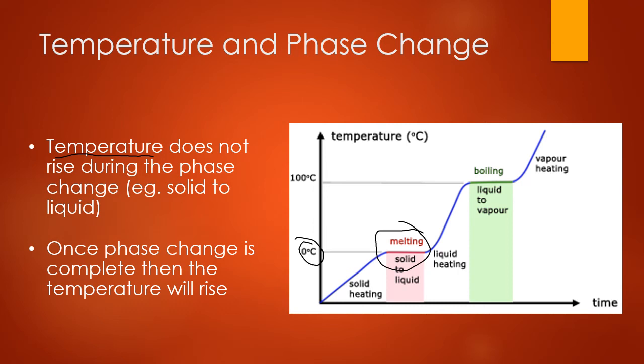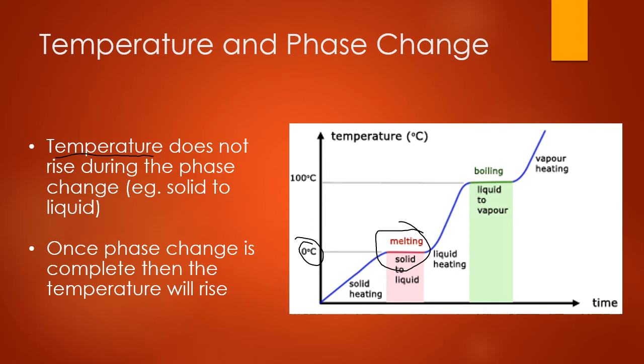So when we get to this stage, right at 0 degrees, all the heat that's going into the system is going toward breaking those cohesive bonds. It's going towards making that phase change, making that solid go into a liquid. So all that energy going into the system is just breaking those cohesive bonds, and it's not allowing a temperature change because that energy is going towards breaking the bonds rather than changing the temperature.